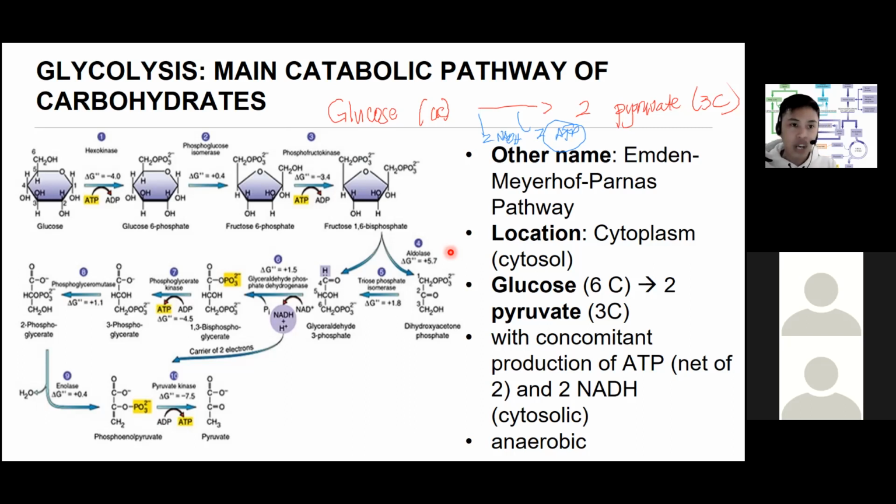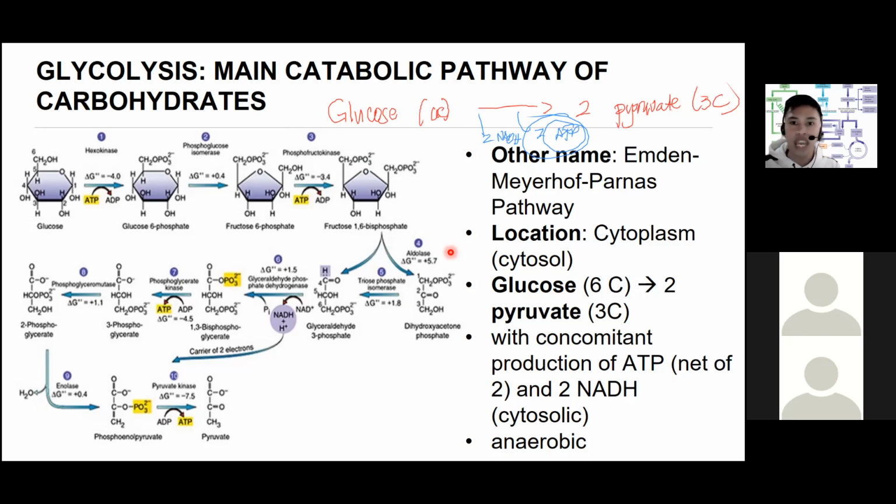But in the case of your carbohydrates, when it undergoes glycolysis, even before reaching the ETC, it is already able to produce ATP. The ATP produced in your glycolysis is very important for other cells.